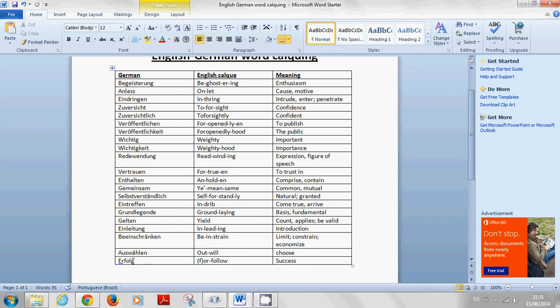This E came from there. So in English, I have this as F, because for it to correspond to what we have here, we have the for or follow. So an or follow is a success.